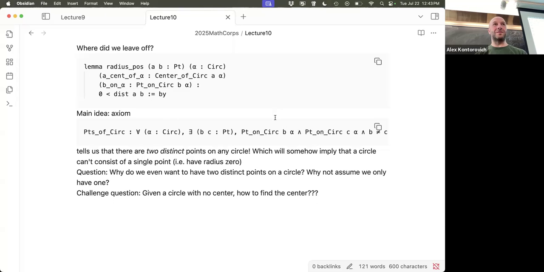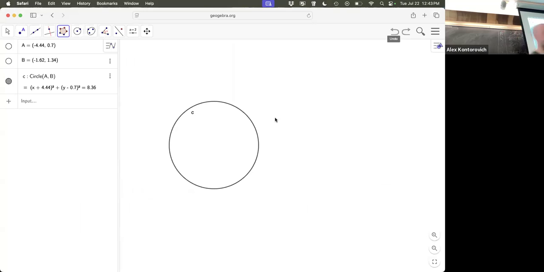Do we know that there are two points on the circle? That's the first thing I want. Yeah, that's why I want this axiom. So what are you drawing?